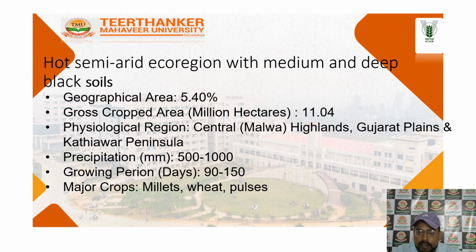The region is especially found in the Central Plateau hills, like Malwa and Maharashtra, Madhya Pradesh and the Gujarat plains. The rainfall is between 500 and 1000 millimeter and growing period availability is 90 to 150 days. Major crops are millet, wheat and pulses.